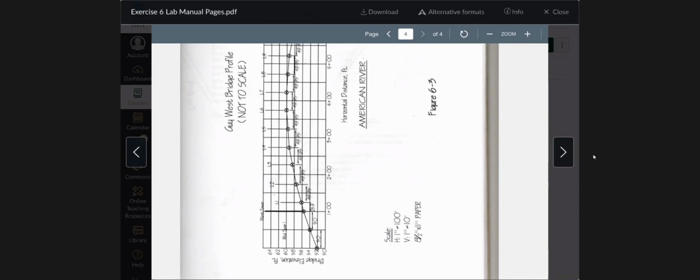It's just that if it's 1 inch equals 100, the graduations on the scale are 10 feet. If you're drawing 1 inch equals 10 feet, the lines are only 1 foot. So know the difference there. I had a couple students that were confused last semester. They said, I only had a 10 scale, I didn't have a 100 scale. Well, they're both the same. It's just the ratio is different.